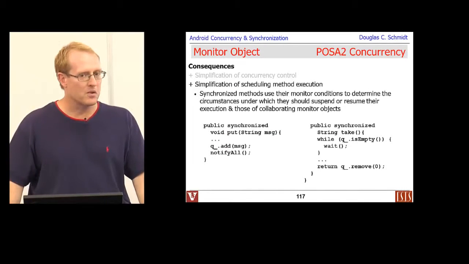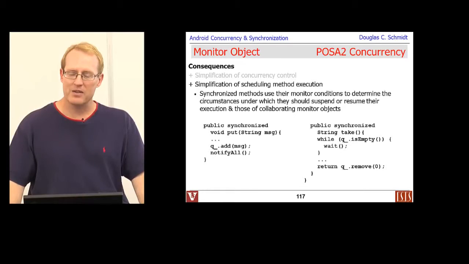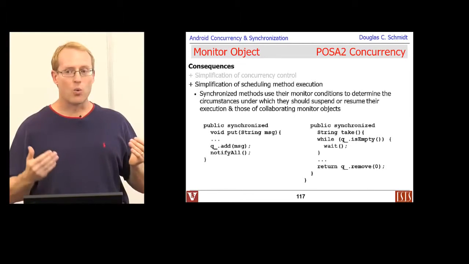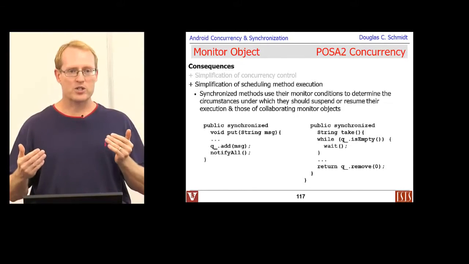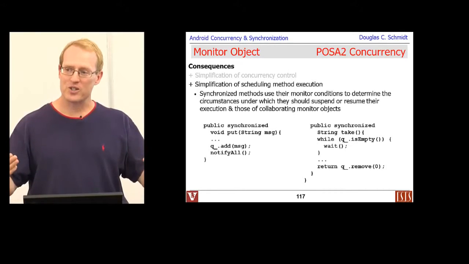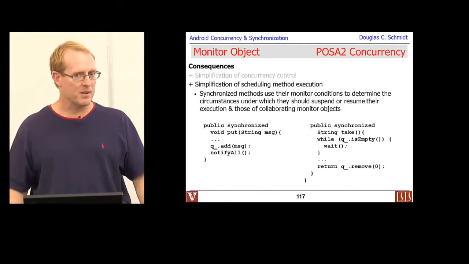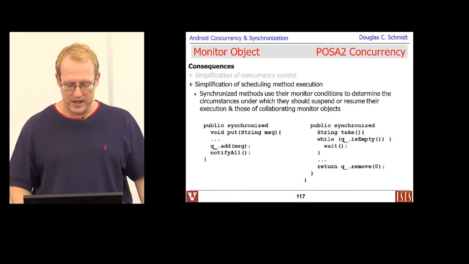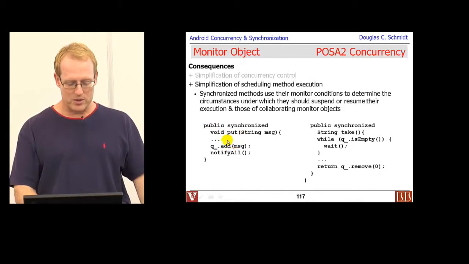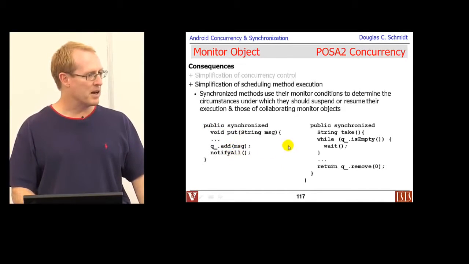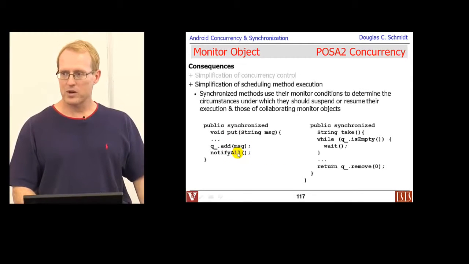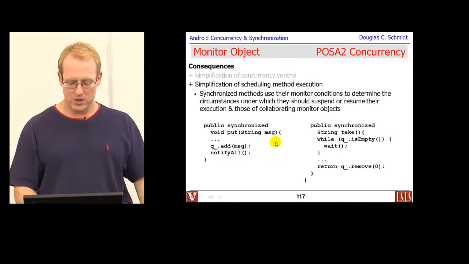We can also have a fairly straightforward way of allowing methods to coordinate the order in which they run and the conditions under which they're allowed to run. So if we take a step back and look at the example from before with put and take, you'll see that we have the synchronized method put, and it will do some things and notify anybody when it's done adding stuff to the message queue.